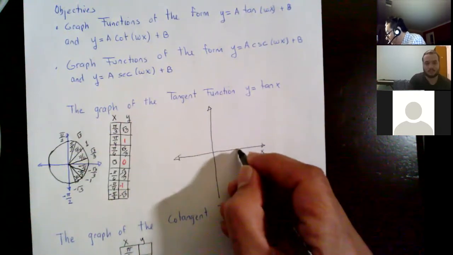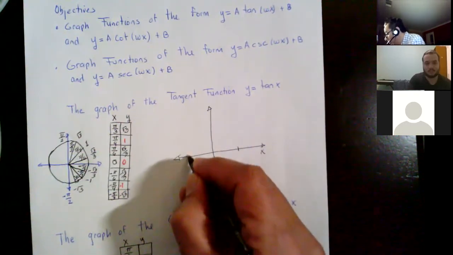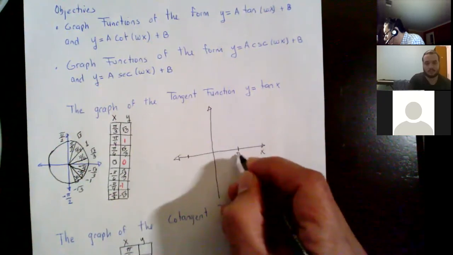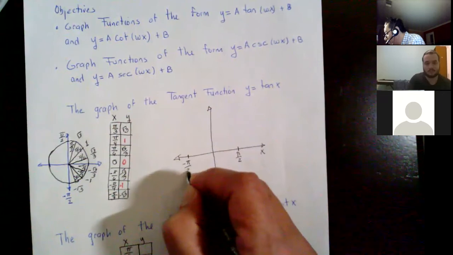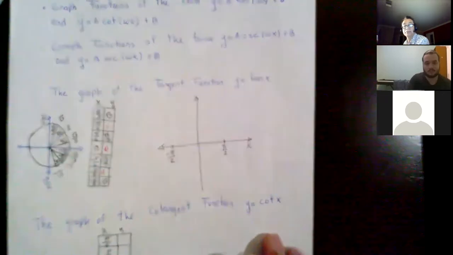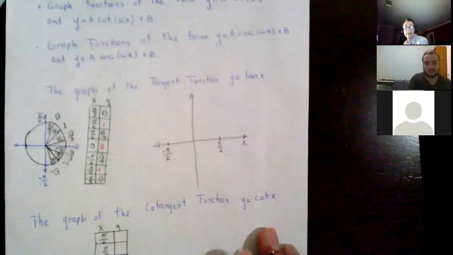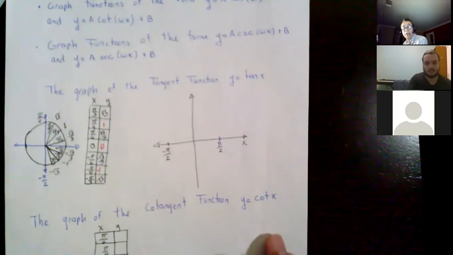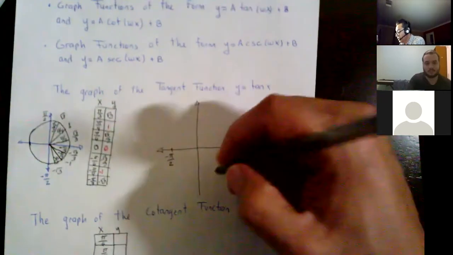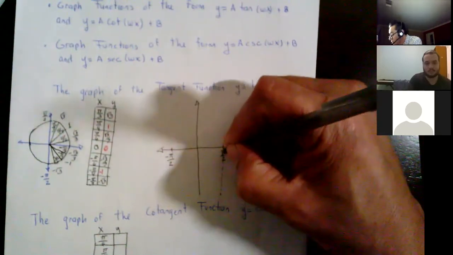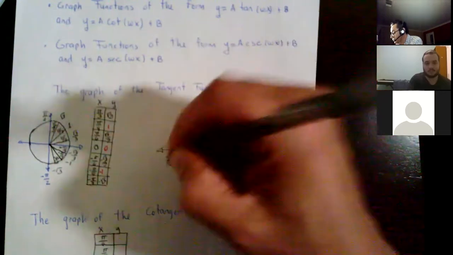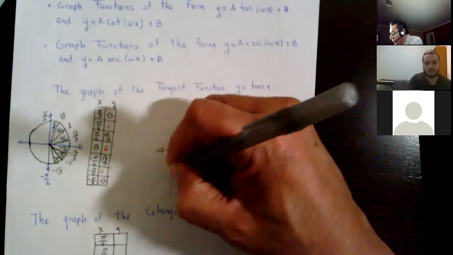Let's say that here I have pi over 2, and here I have negative pi over 2. Since tangent does not exist at those two points, I'm going to draw imaginary lines right here at pi over 2 and negative pi over 2.